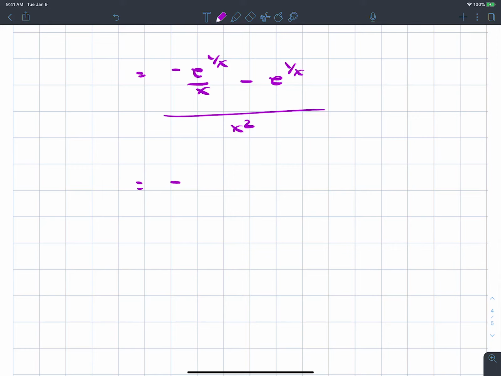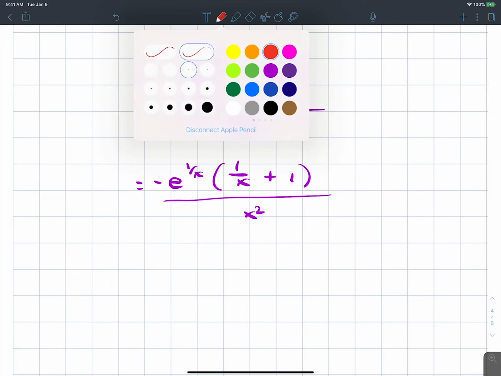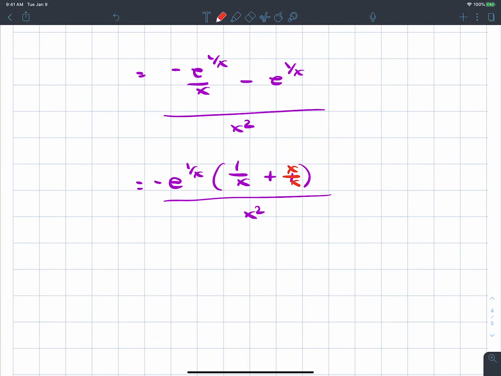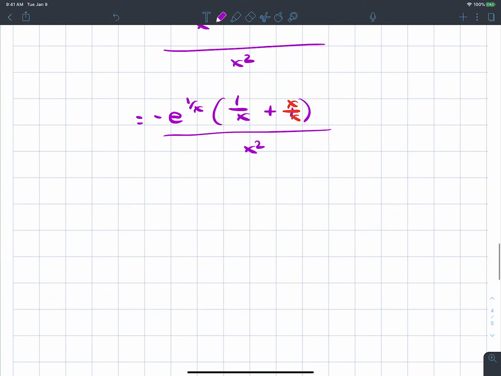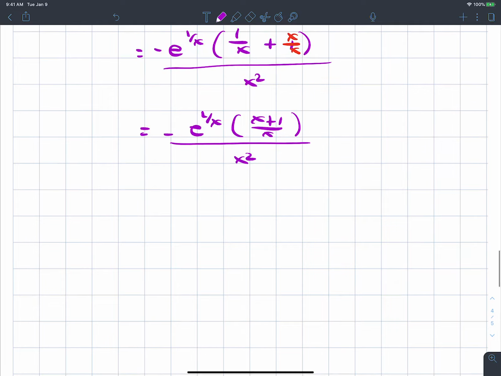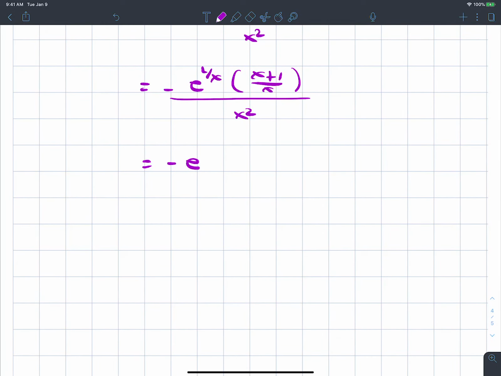We're going to factor out a minus e to the 1 over x. I have 1 over x plus 1, everything over x squared. Doing some algebra, minus e to the 1 over x times (1 over x plus 1) divided by x squared, which is minus e to the 1 over x times (x plus 1) over x to the 3rd power.